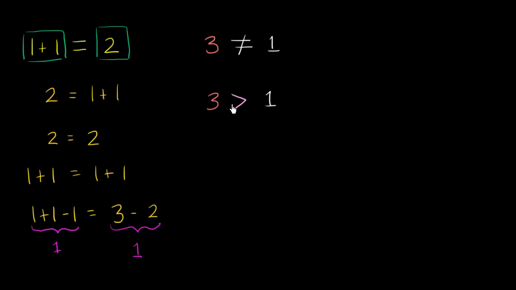You could view this as some type of arrow, where the bigger side is here. Here you have this little teeny tiny point, and here you have the big side, so the larger quantity is on the big side. This would literally be read as 3 is greater than 1.